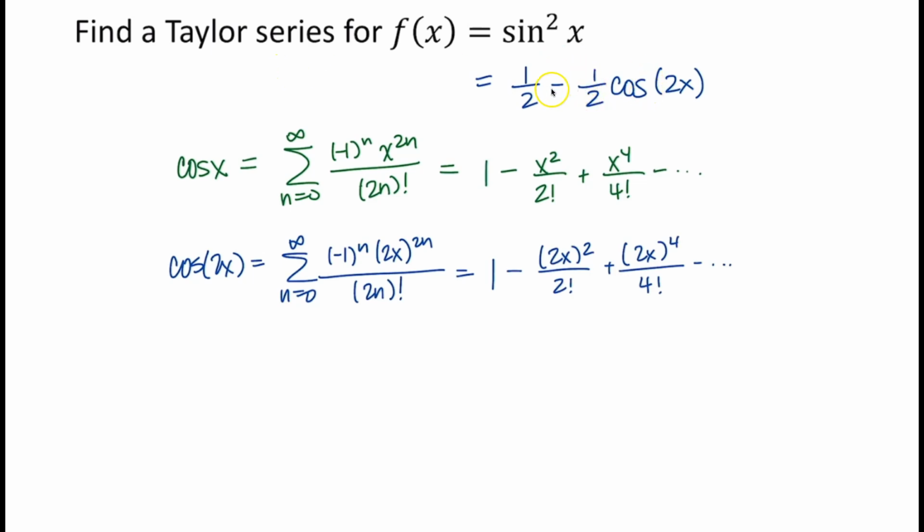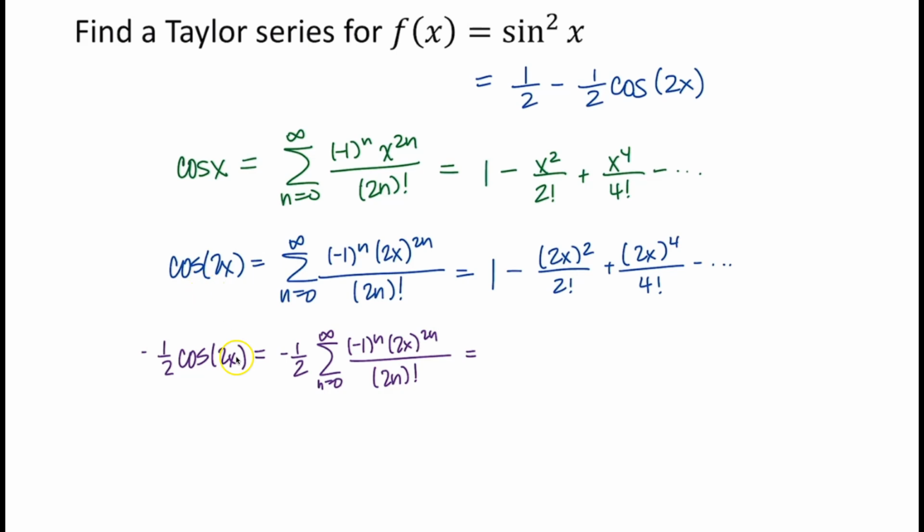And now we want -1/2 in front of cosine 2x. So I'm going to go ahead and multiply by a -1/2 on the left and right side. So -1/2 cosine 2x, and then -1/2 the sum of n equals 0 to infinity of -1 to the n, 2x to the 2n over quantity 2n factorial.